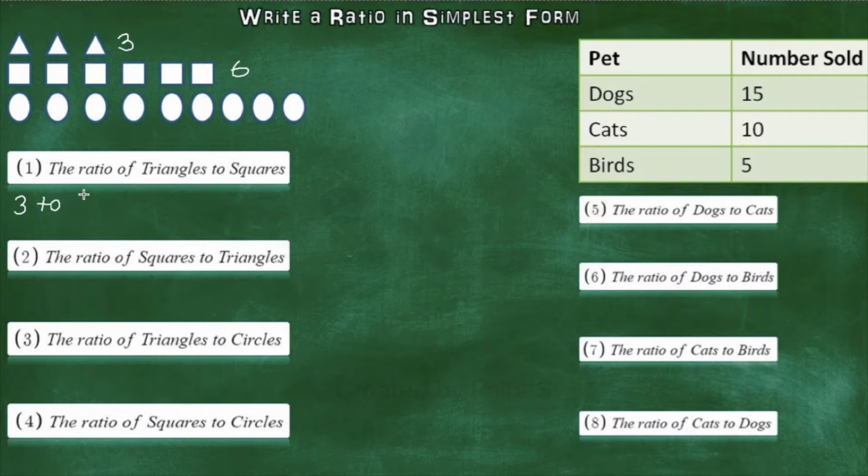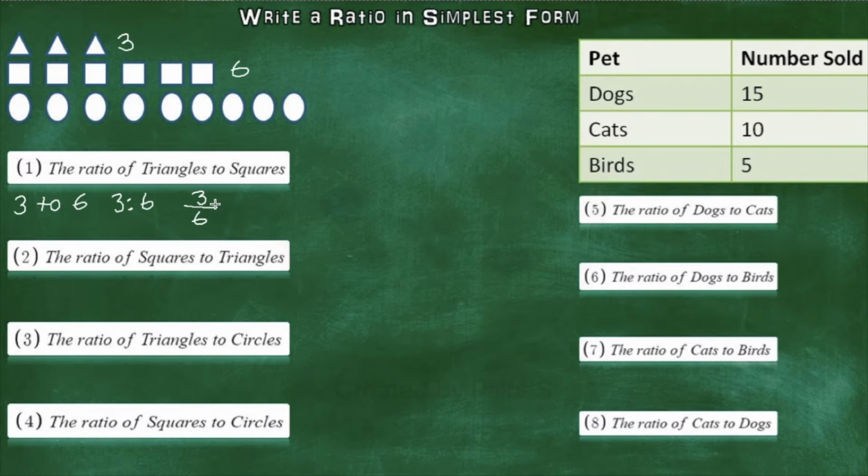So 3 to 6. We can also write the ratio in different forms, such as 3 to 6 or 3 over 6. And if it's possible to simplify it, we also should simplify it and write it in simplest form.